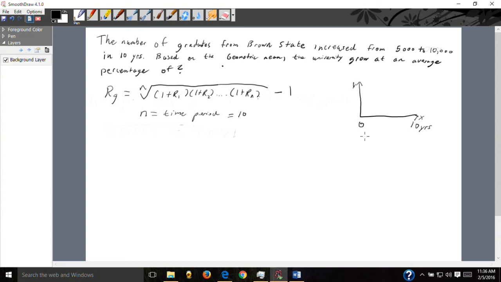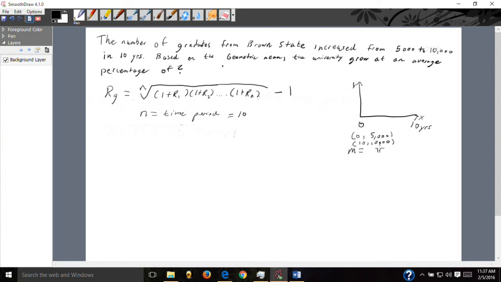Let's do a quick slope review. In year 0, it's 5,000 students, and in year 10, it was 10,000 students. I just took this from the problem to understand what's going on here.